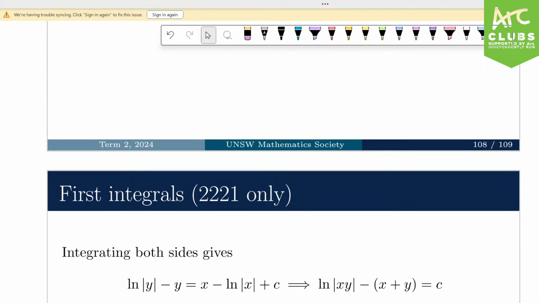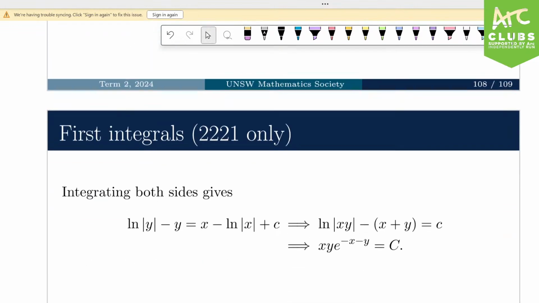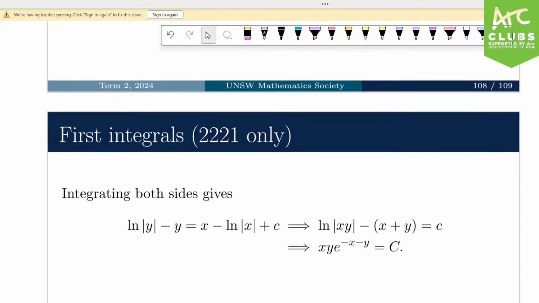And we'll say that it's a constant. Okay, this is a bit yucky, but we can raise both sides to the power of e. And e to the c is just going to be a constant. And then the left side simplifies really nicely to xy e to the minus x minus y is equal to some constant c. Okay, so for every single x and y, we found a function that's constant.